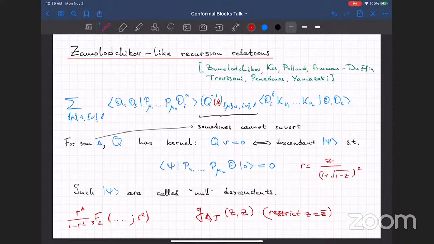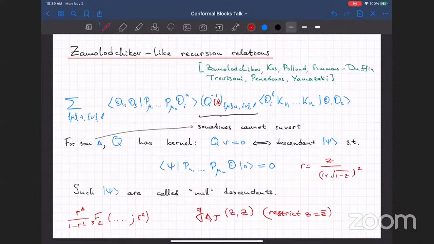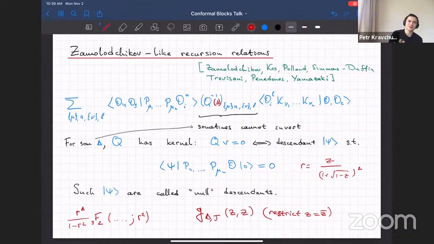So is it something like an elliptic parameterization of 2D conformal blocks, or is it something different? Maybe in the philosophical sense. You mean this q variable? Yes. I guess it's philosophically similar, but it's not related to q.